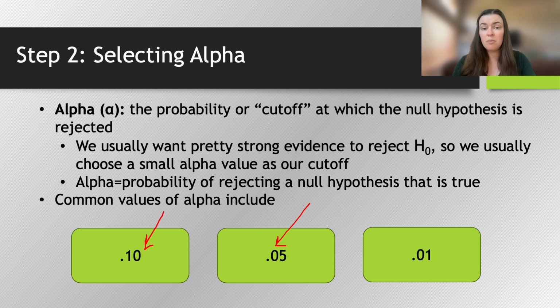And lastly, if we want to be 99% confident that our null hypothesis doesn't fall within either of those rejection zones, we would select an alpha value of 0.01. So again, alpha is the probability of rejecting a null hypothesis that is true. These are those common values, and these are the only ones that I will mention in the context of any other problem or a quiz. So these are the only three that you need to know.